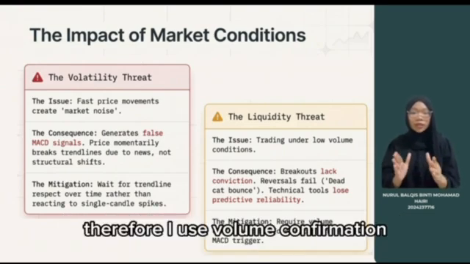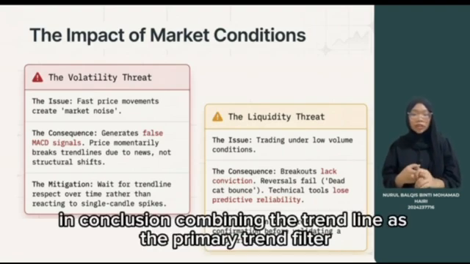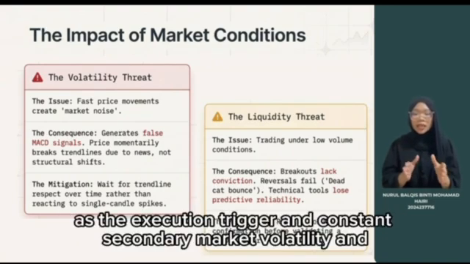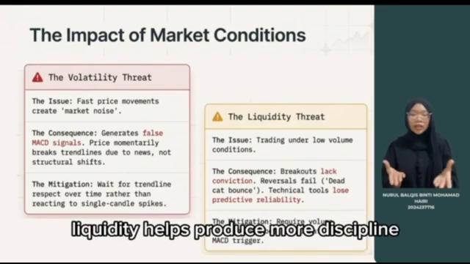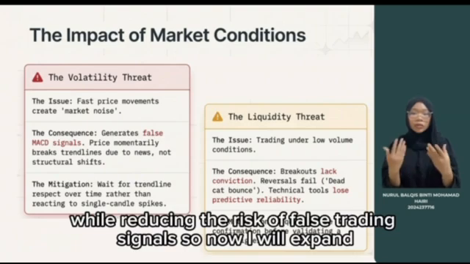Therefore, I use volume conviction together with the MACD signal before validating any trade entry. In conclusion, combining the trend line as the primary trend filter, MACD as the execution trigger, and considering market volatility and liquidity helps produce more disciplined and objective trading decisions while reducing the risk of false trading signals.